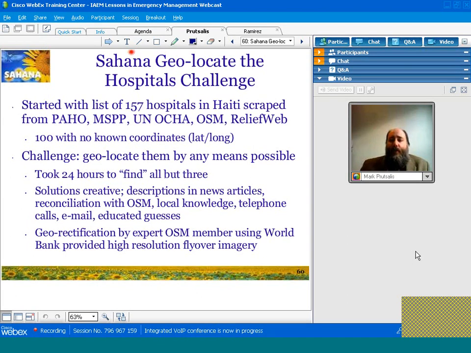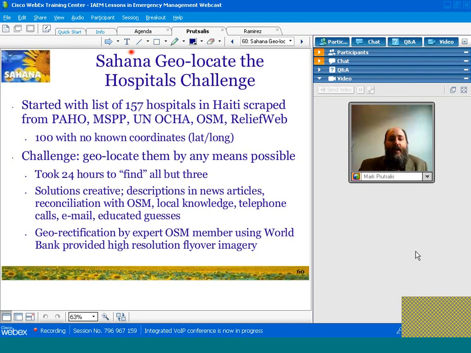The solutions that people took were very creative. Some read news articles that mentioned a particular hospital and where it might be located at the end of a road, and they looked at a map and tried to figure out where that could be, so they put a point on the map. Others worked with other sources of data like OpenStreetMaps and were able to do some reconciliation and figure out that the hospital on our list was one that someone else already knew where it was.